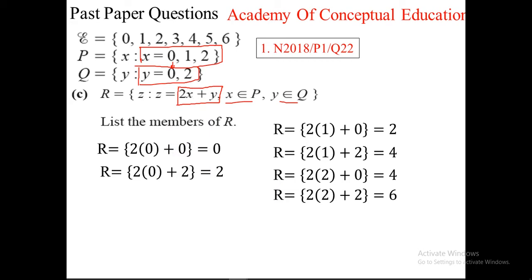And then we will get all these values. So the set R will be 0, 2, 4 and 6. I hope that the concept is clear.